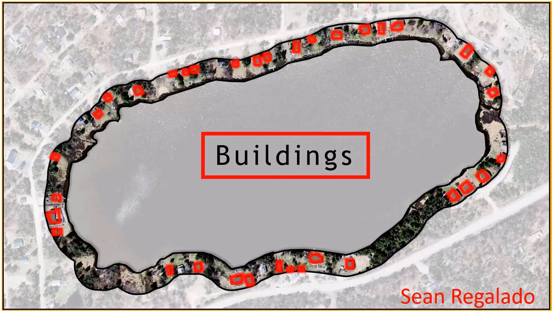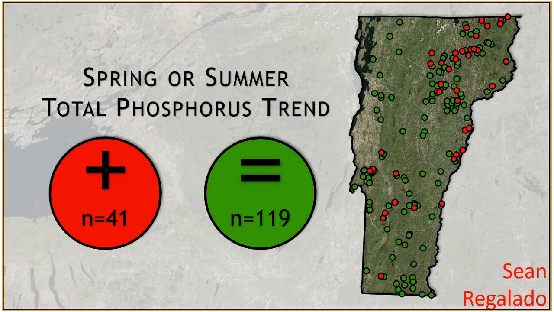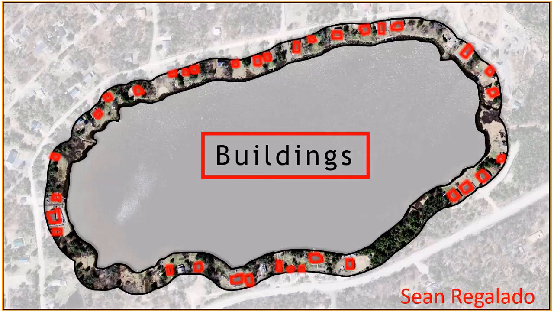So he used a data set with 41 lakes that have increasing phosphorus trends and 119 lakes that are stable for phosphorus. And he compared the percent cover of buildings in the immediate shoreline of those 160 lakes.